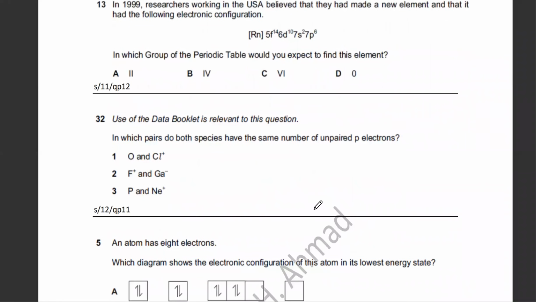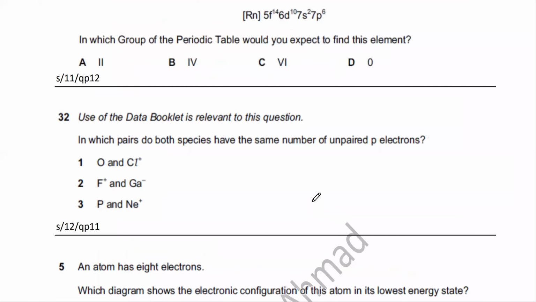अच्छा, this one, in which pair do both species have the same number of unpaired p electrons? So first one, oxygen is group 6, ठीक है? I'm not going to write the electronic configuration. Group 6 is S2P4, right? Cl is group 17, so it's S2 and P5.